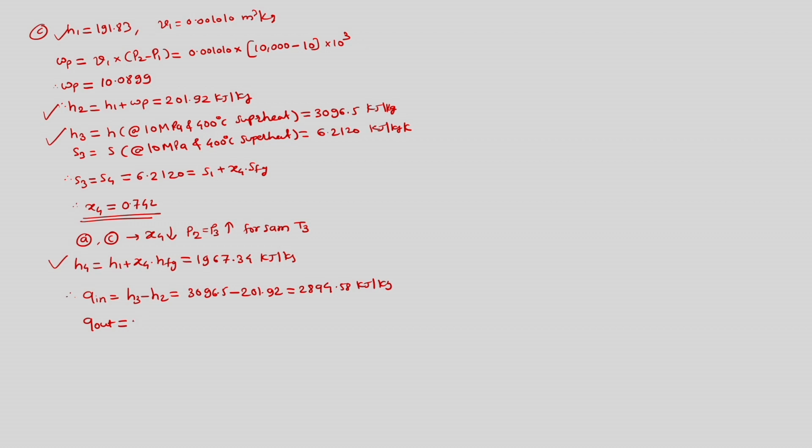Q out is equal to H4 minus H1, where H4 is 1967.34 and H1 is 191.83.